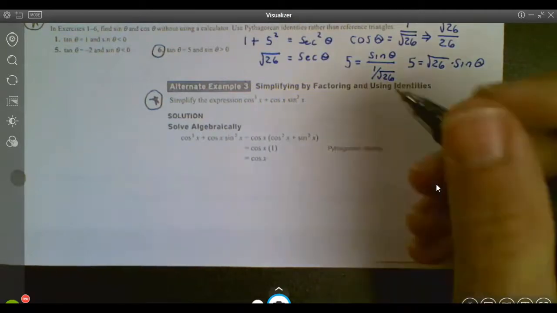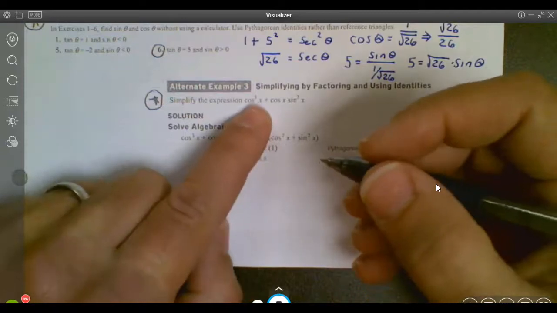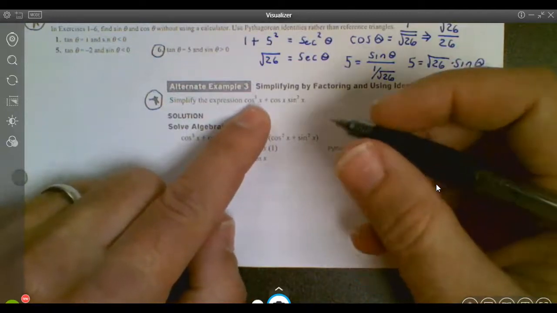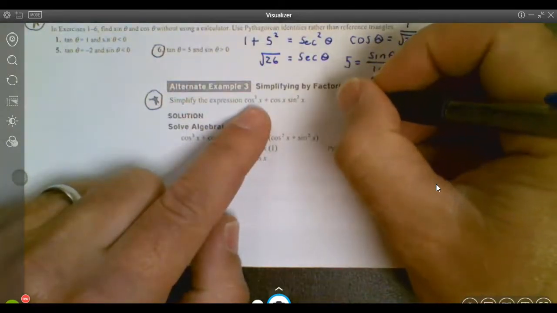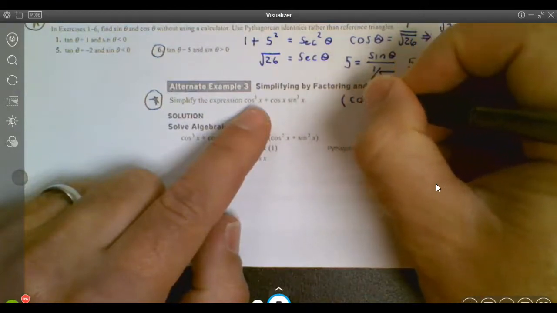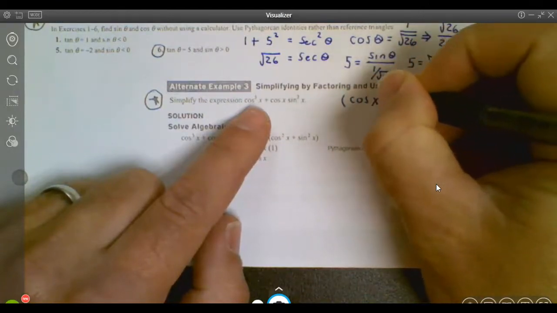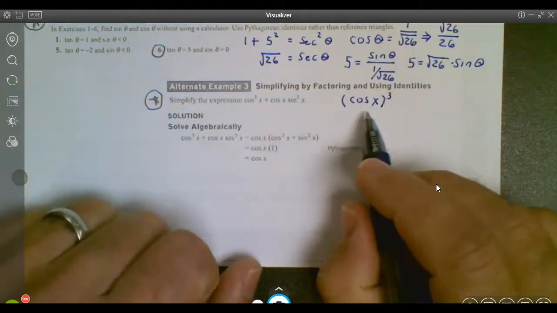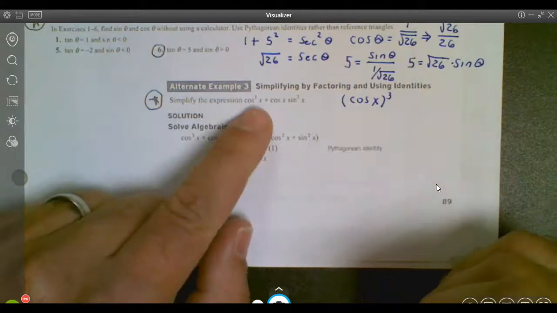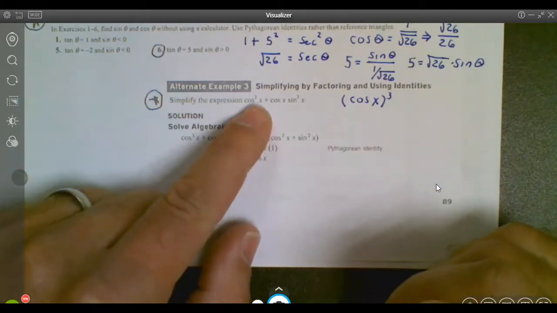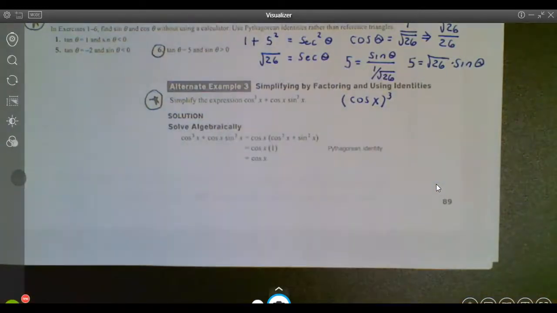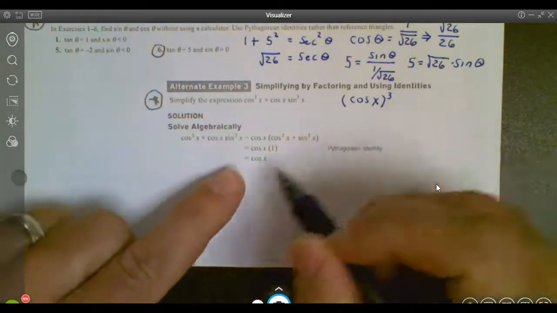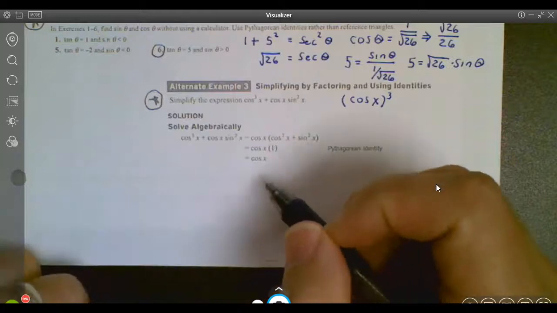Guys, just a reminder, when they put the exponent on the interior like this, it is no different than putting it on the exterior like this. It's the exact same meaning. We just tend to not write it this way. We tend to write it this way, but those are the exact same thing. So it's still saying I am cubing that entire function. Anyway, if we go back to this, it's just some basic factoring.